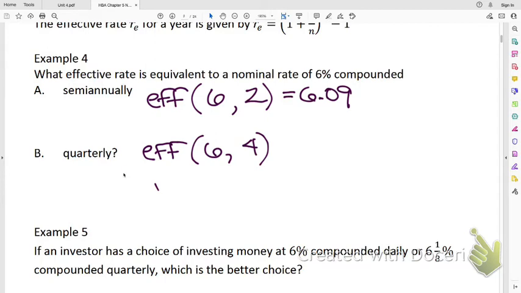So then a 6% compounded 4 times a year should be even higher. The more you compound it, the higher the effective rate is going to be. So a 6% compounded quarterly gives me about 6.14. In other words, it's the same as about a 6.14 compounded annually. Okay, so the more you compound, the higher that's going to get.